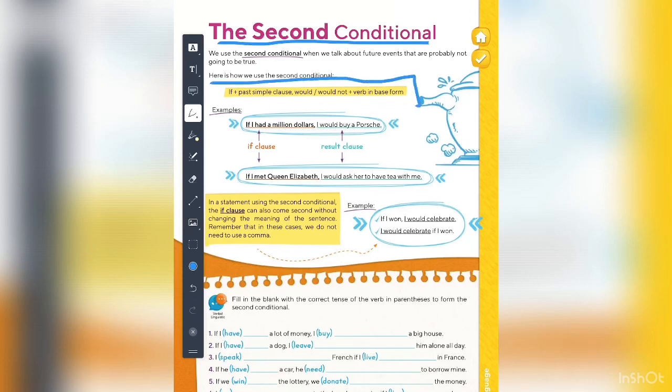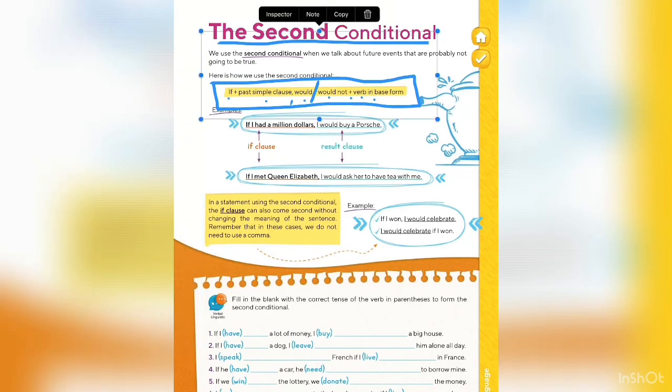Remember how I love to do this with the plus symbol, and this is the way we split a second conditional sentence. If plus past simple clause, comma, would or would not, plus verb in base form. Okay, let's take a good look at the first example right there.